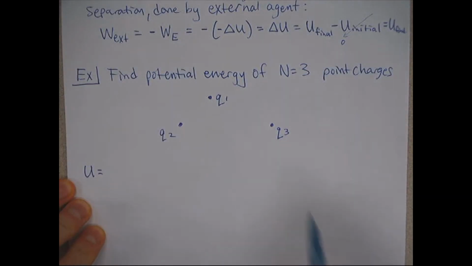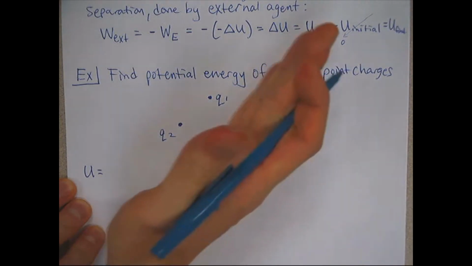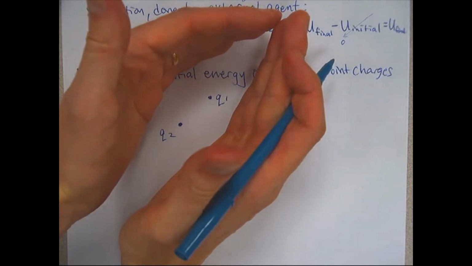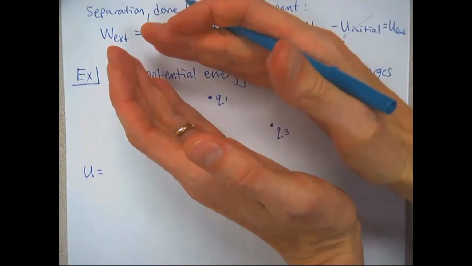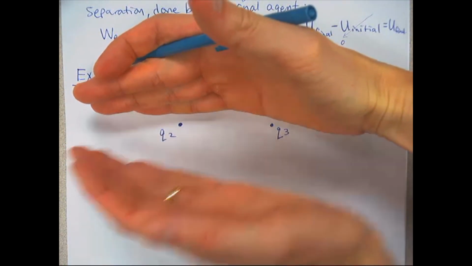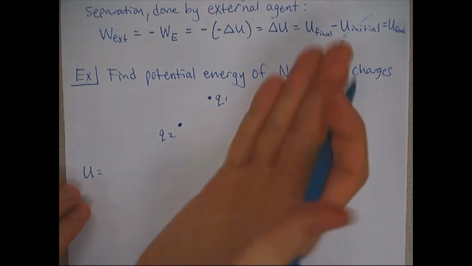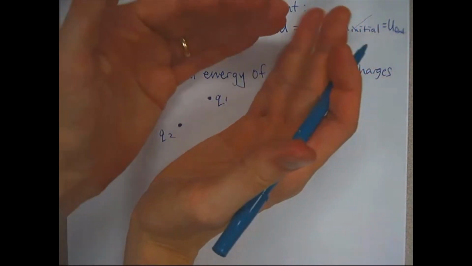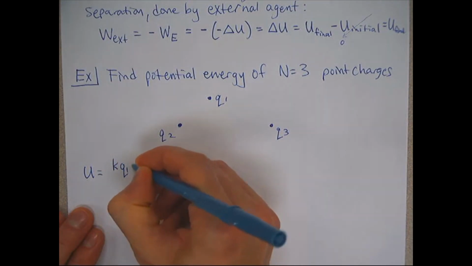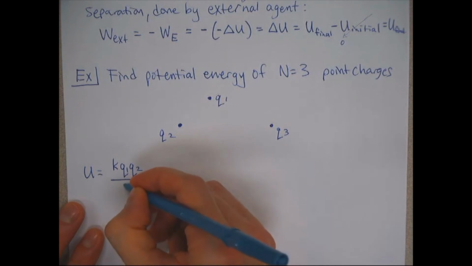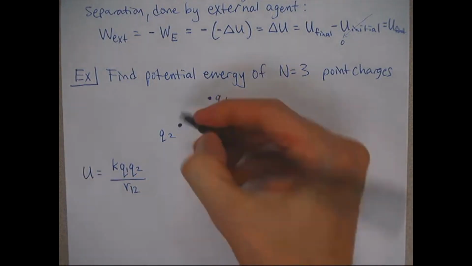To determine the total potential energy, you're going to separately consider each pair of point charges and think about the potential energy of each pair. So if I take Q1 and Q2 together, they have potential energy kQ1Q2 over the distance which separates them, r12.